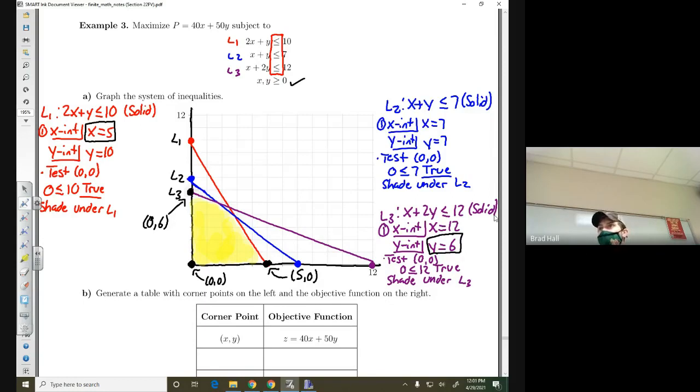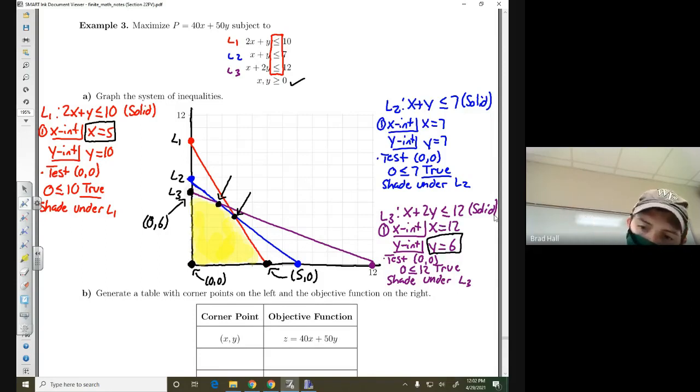There's actually two more corner points. This is a corner point right here, and this is a corner point right here. Those are both corner points. They're both intersections between two lines.